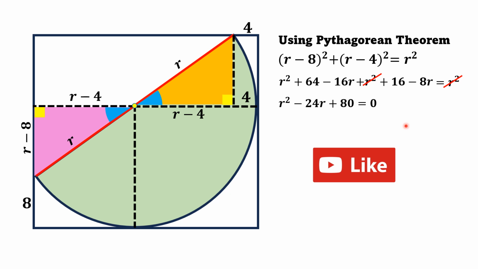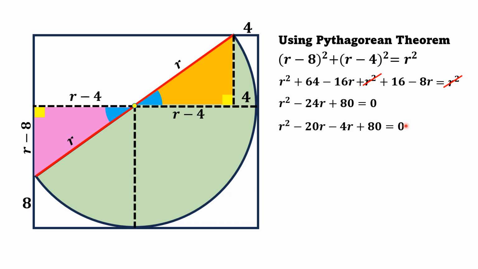Now we can factorize this equation by breaking the middle term. Minus 24r is written as minus 20r and minus 4r.